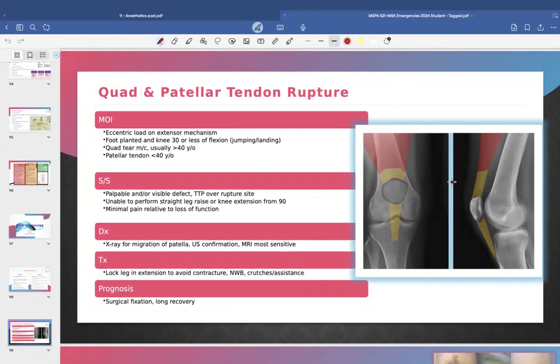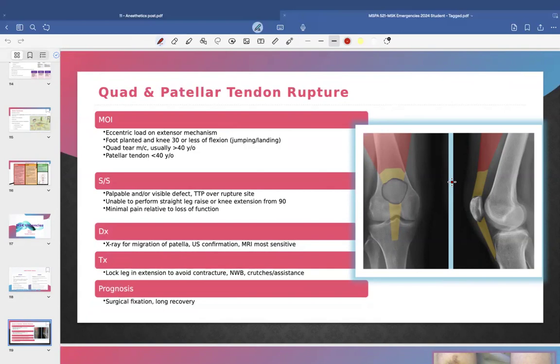If you have a quadriceps or patellar tendon rupture, you can stabilize them in a hinge knee brace locked in extension, but they are likely gonna need some sort of fixation. And the recovery can be tough. Usually the quads are older. The patellars are younger guys.